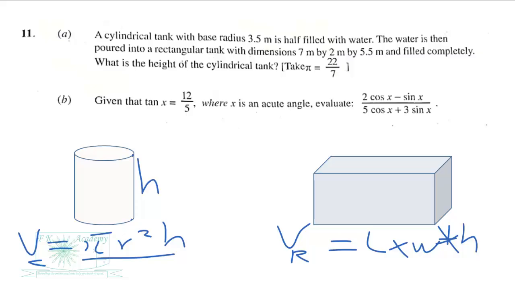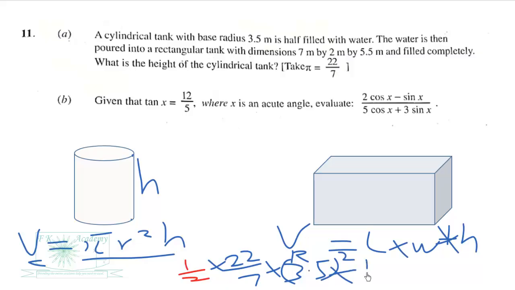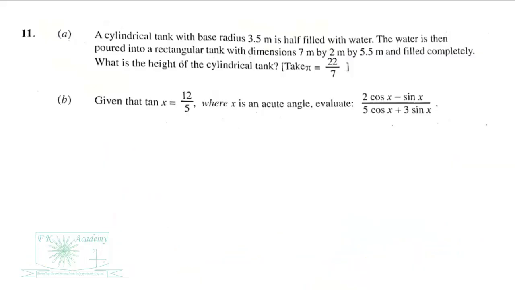So we have half of pi, which is 22/7, times radius squared, 3.5 squared, times h is equal to 7 times 2 times 3.5. So 2 times 3.5 is 7. Times 7 will give us 77. So we have 77 meter cube here on the right hand side.